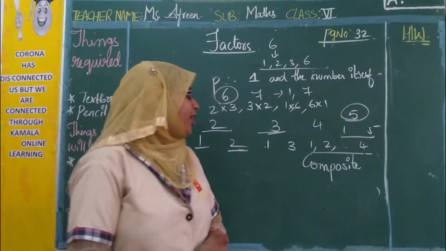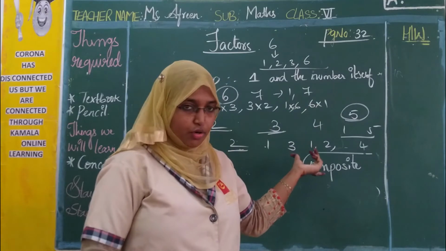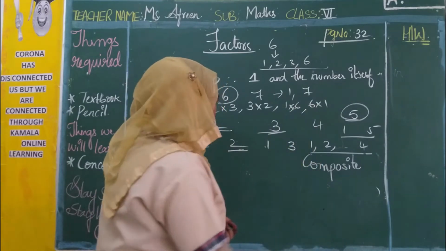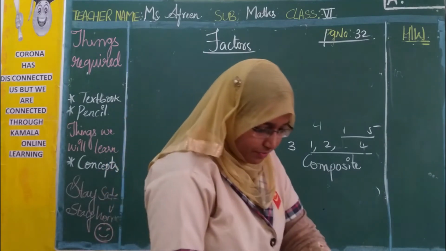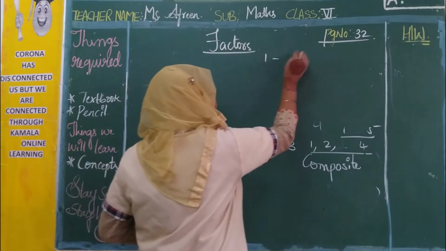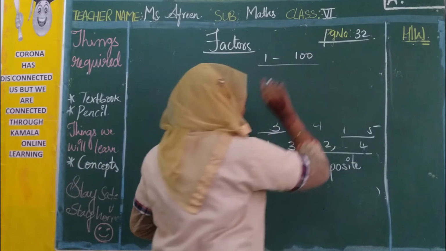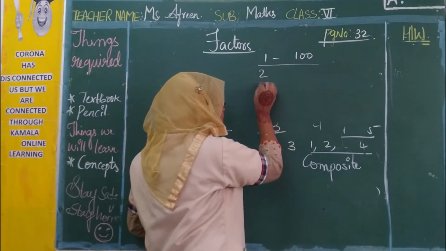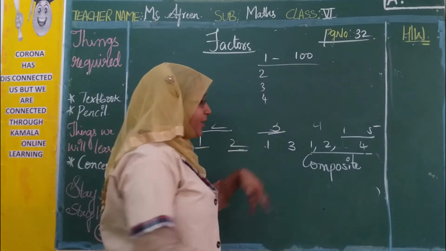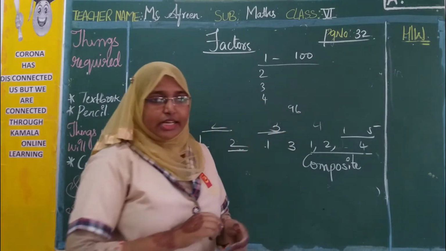If I want to check from 1 to 100 which numbers are prime and which are composite, how many prime numbers and how many composite numbers there are, I can't check for 2, then 3, 4, till 96. I can't find them one by one, right?